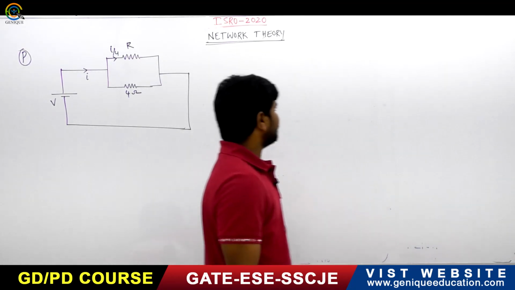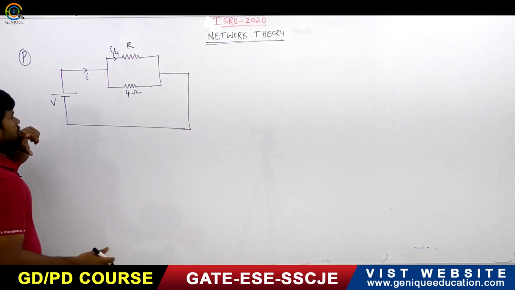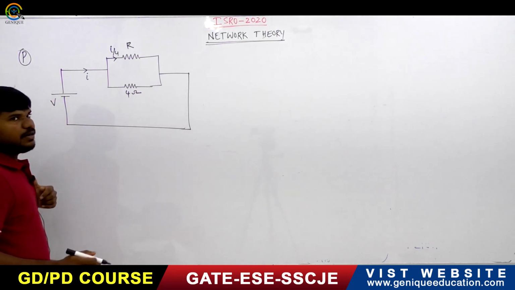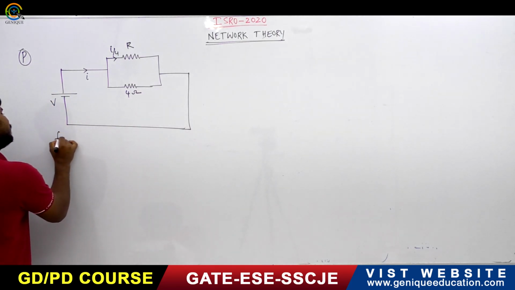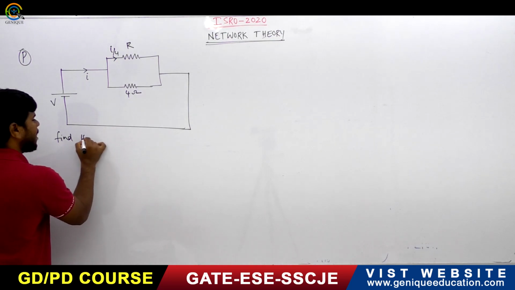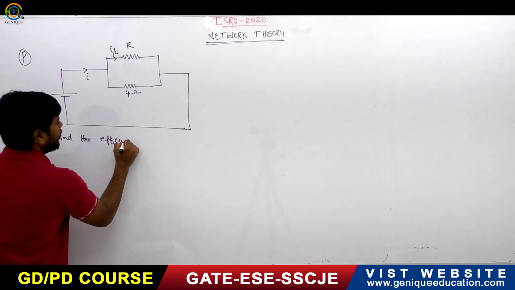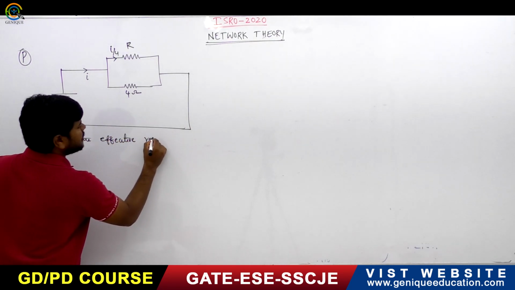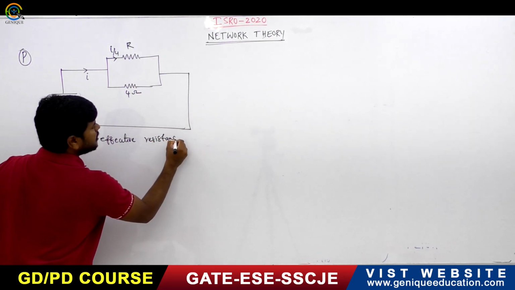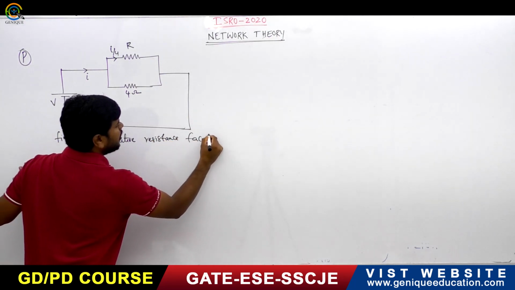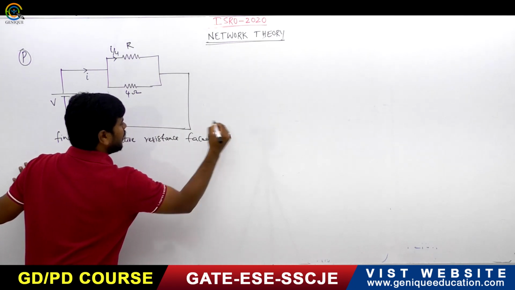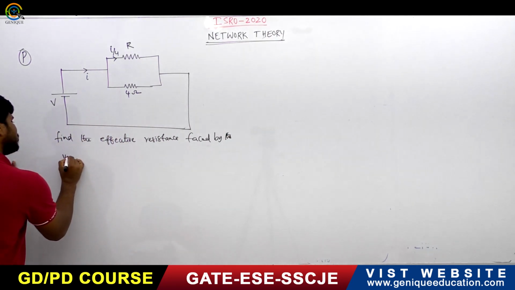Here the question is, observe this. The circuit is given; find the effective resistance faced by the voltage source.